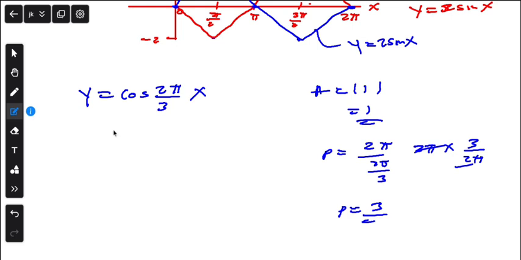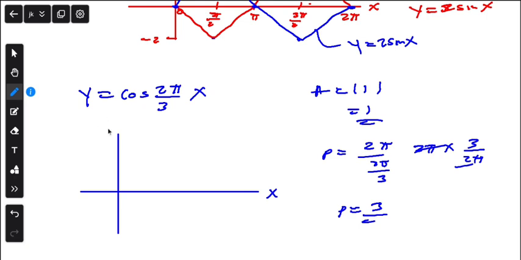So what I'm going to do here, I'm going to say we have this line here. Now this doesn't look nice. Doing this one. So this is x and this is y. So the maximum is positive 1, the minimum is negative 1.